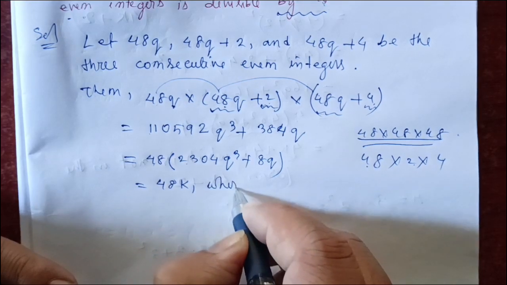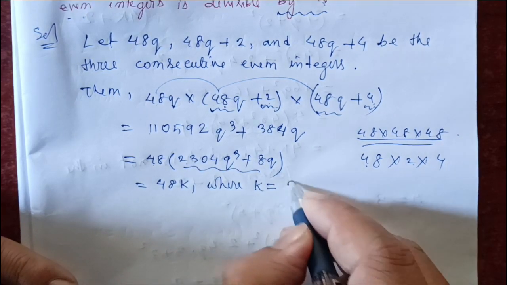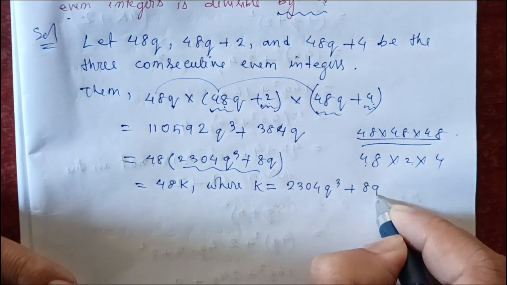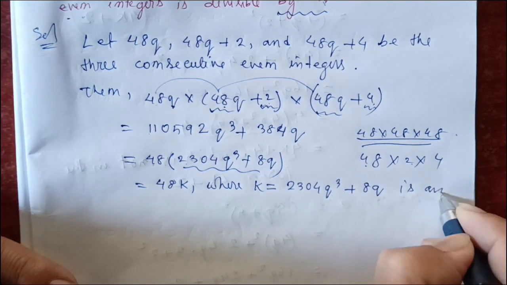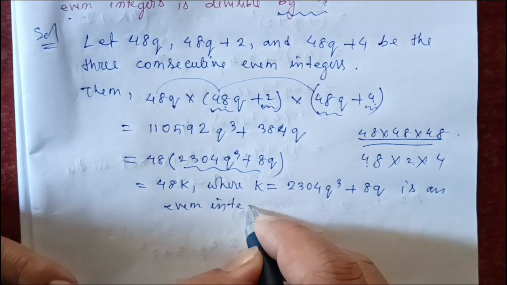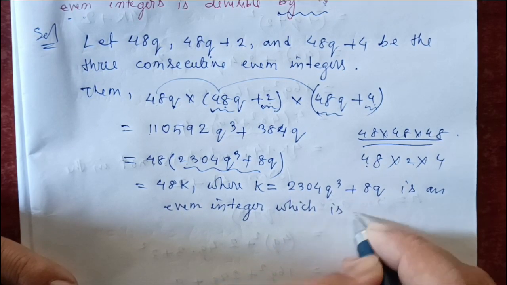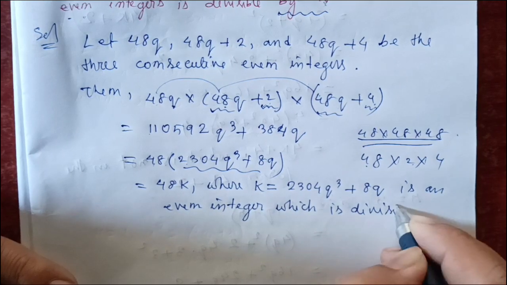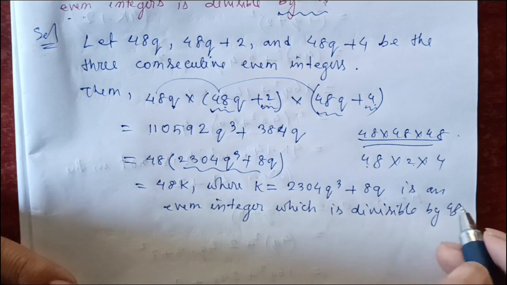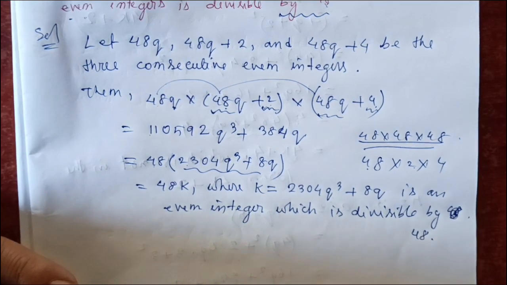So you can write down where k equal to, inside the bracket, 2304q plus 8. q is an even integer, they say even, it's an even integer which is divisible by 48. Alright, okay, which is divisible by 48.